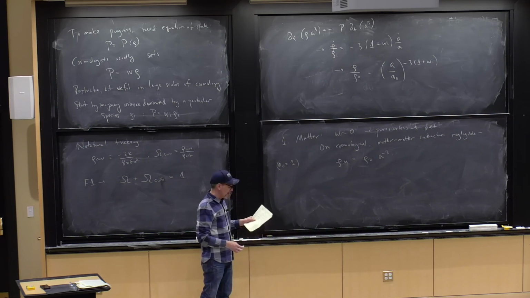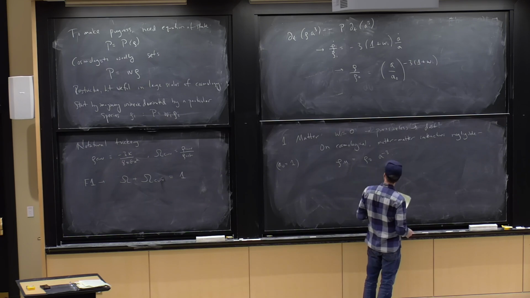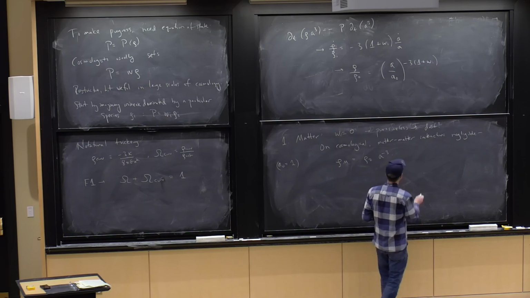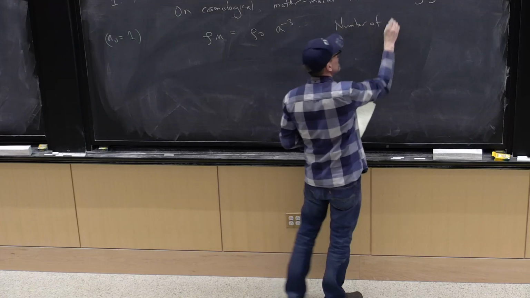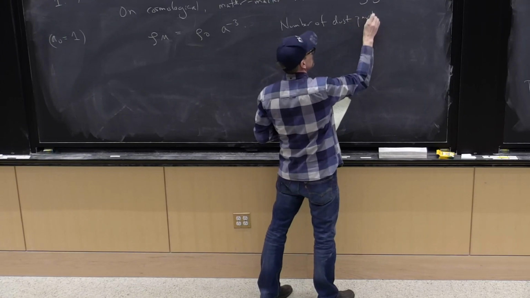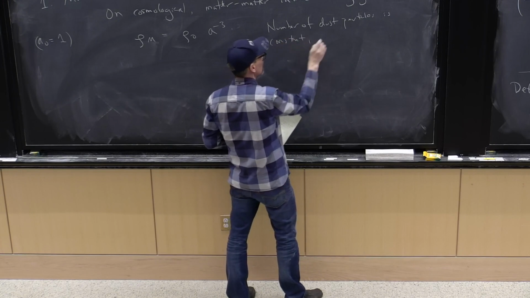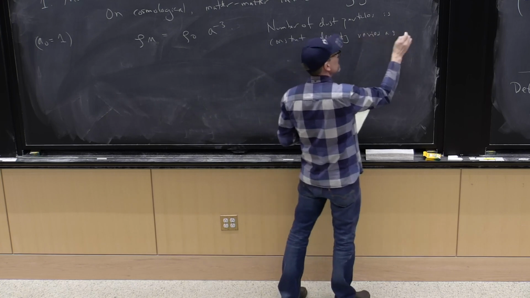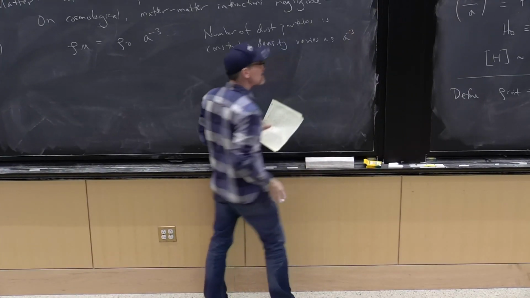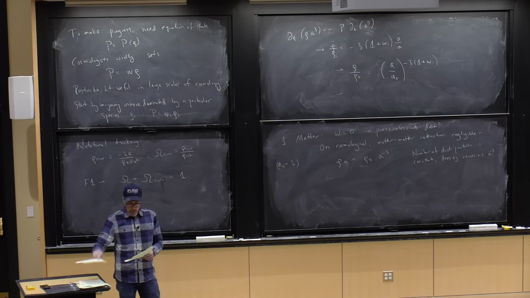What this is basically saying is that the conservation of stress energy demands that the density of this matter changes in such a way that the number of dust particles is constant, but their density varies as a to the minus 3. A sets all of my length scales. If I make the universe twice as big, the density will be 1/8 as large.